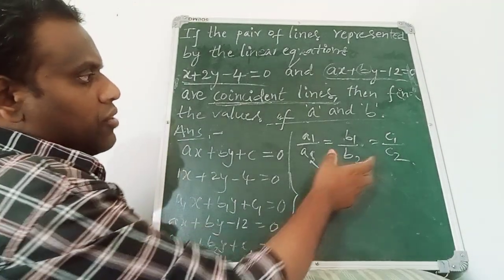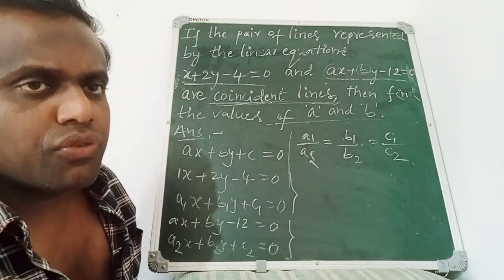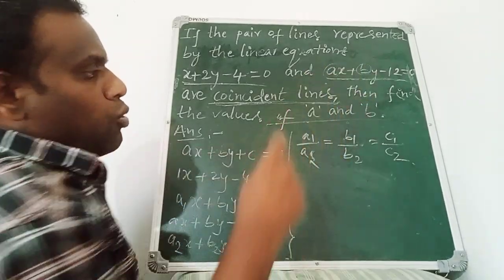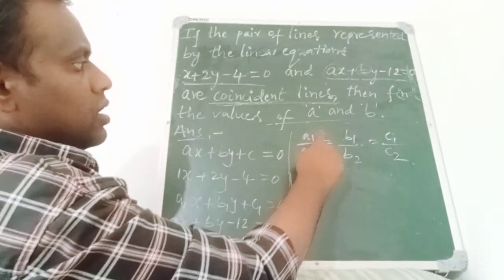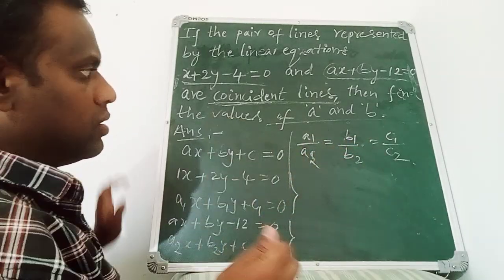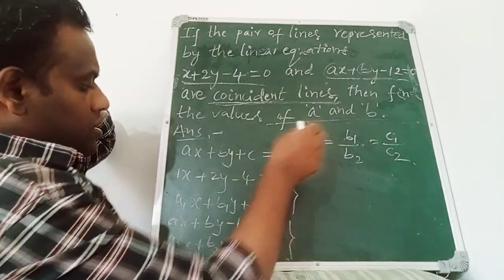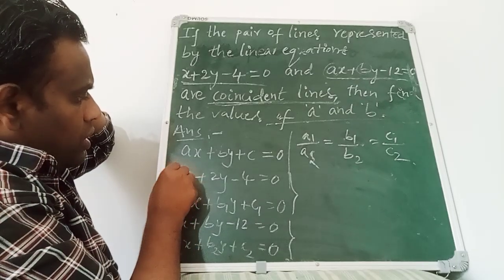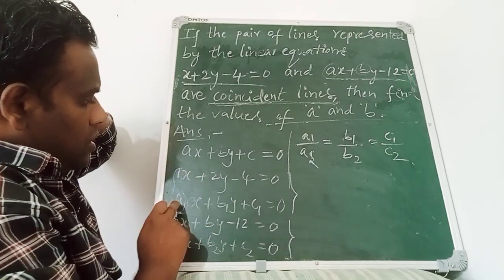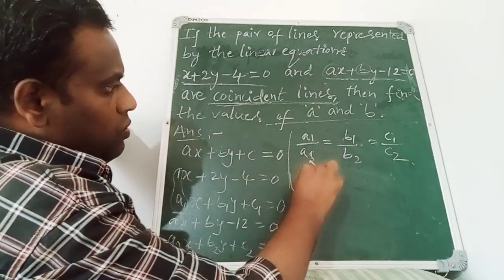Now using this you can find the values of a and b. How can we find them? We have to substitute the values for a1, a2, b1, b2 and so on. First a1: in place of a1 what do we have? 1 is there, so a1 is equal to 1, I will substitute 1.